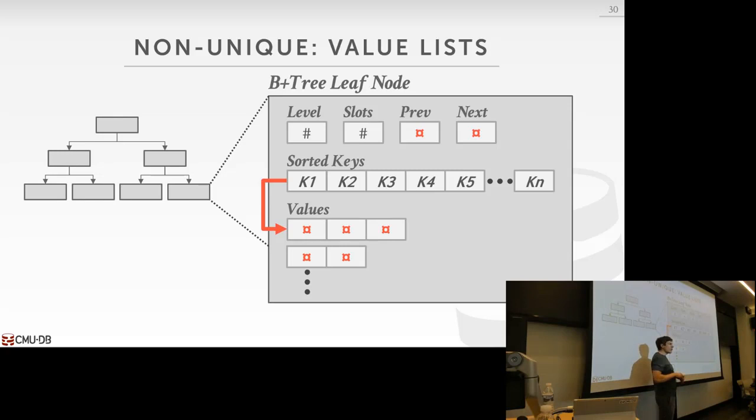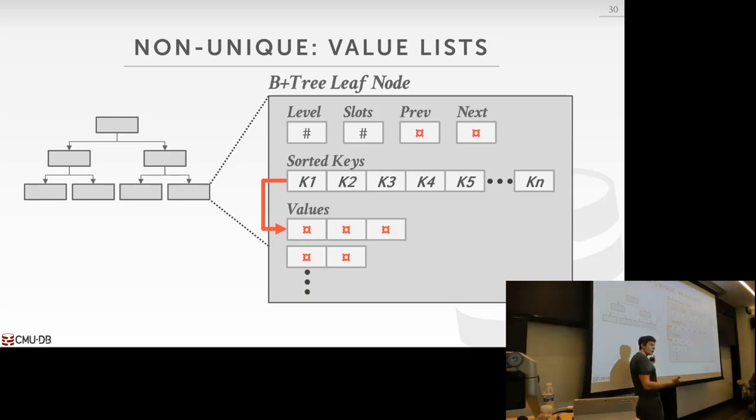The question is, if I'm searching for a given key, how would I know what key to follow? So going back to that example, if I'm looking for greater than or equal to 4, I have to go down on this side and find the first entry point for 4. Then I keep scanning along the leaf nodes until I find something that's not equal to 4, and then I know I've seen everything.